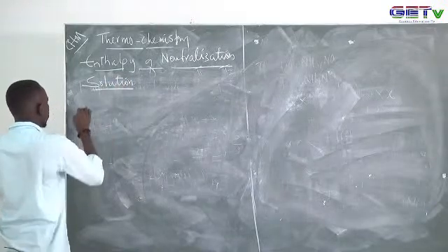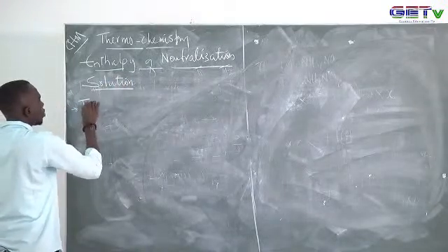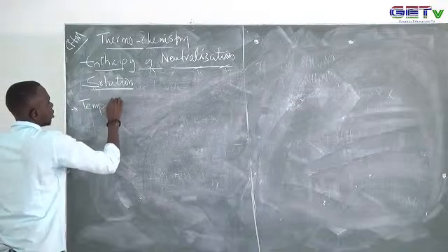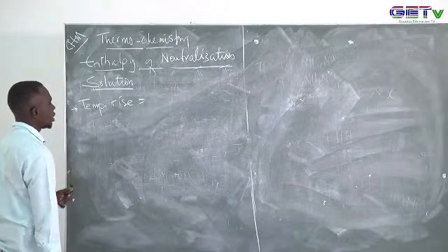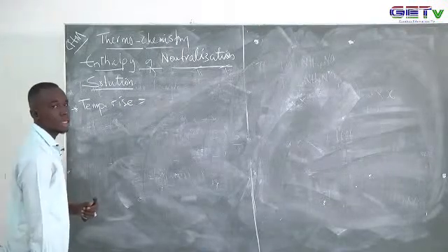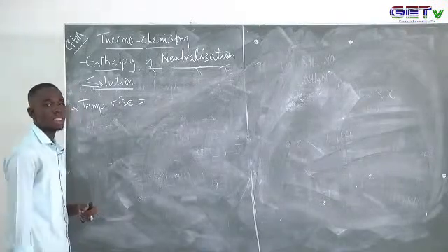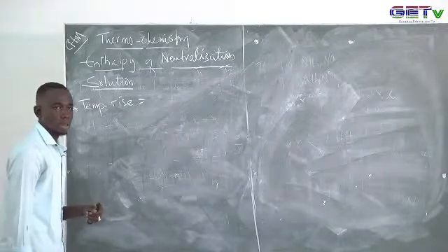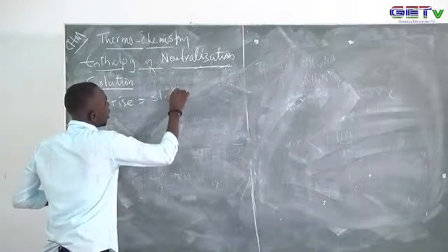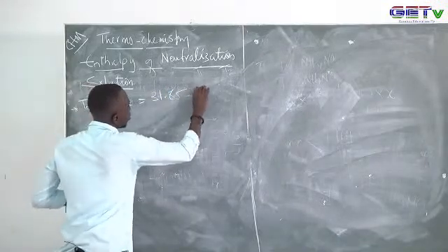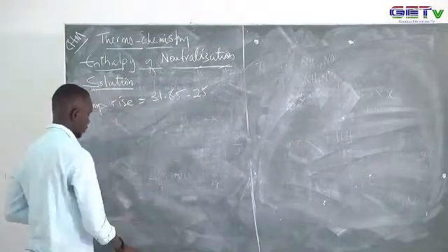We have solution. Now our temperature rise will be the difference between the final and the initial temperatures, in which we will have 31.85 minus 25.